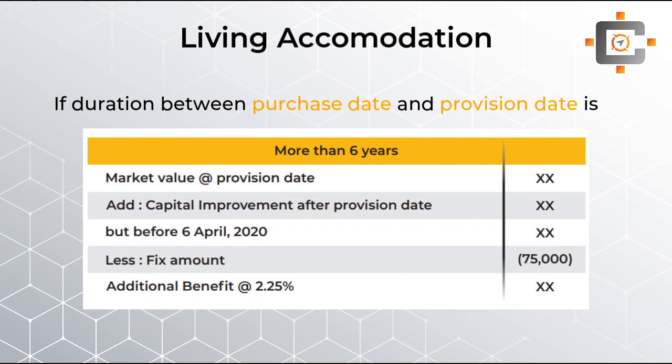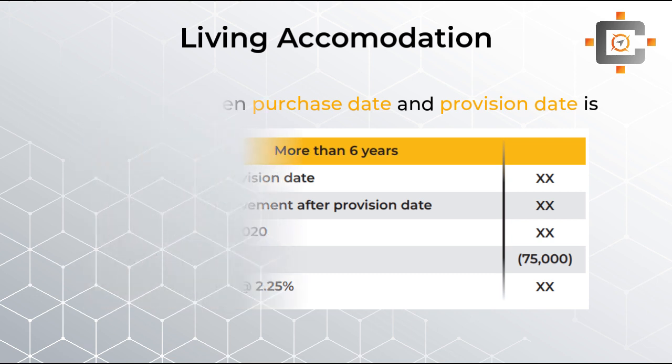The only difference is that in the previous pro forma, we started with the purchase price. Here we take the market value at the provision date. The other steps are similar and easy. So I hope you now know how to calculate the additional benefit.